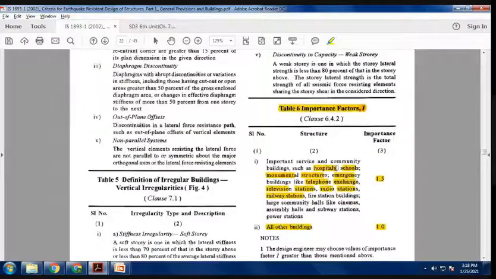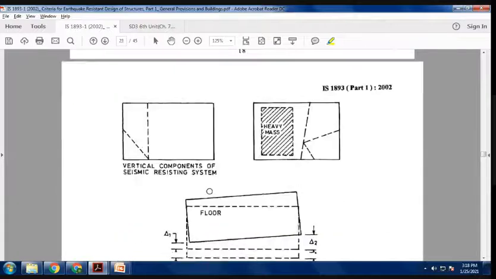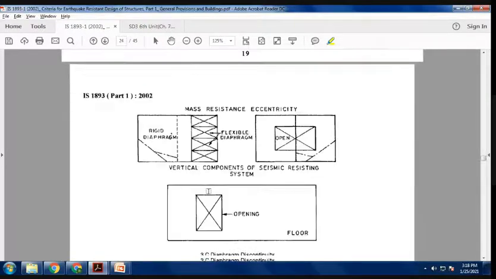Importance factor. He says that it is a school building. Here we can see school building, and the I value is 1.5. So I have written 1.5. Then I need the value of R. R is nothing but the response reduction factor.